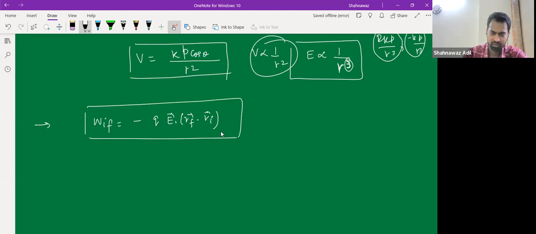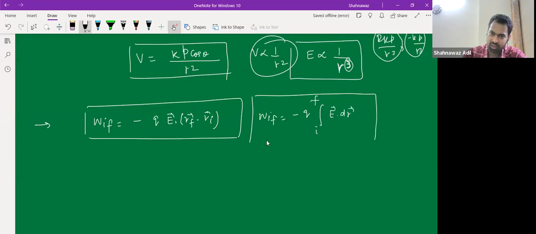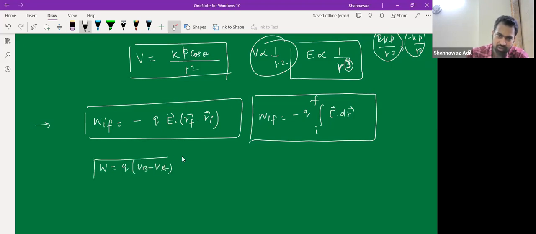And in the presence of a non-uniform electric field, this was minus Q times the integral from initial to final of E dot dr. We also learned that the work done in bringing a charge from A to B is Q(VB minus VA), right?